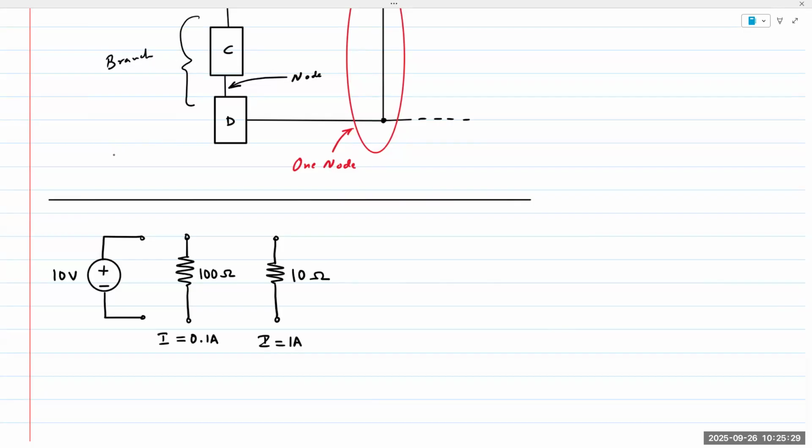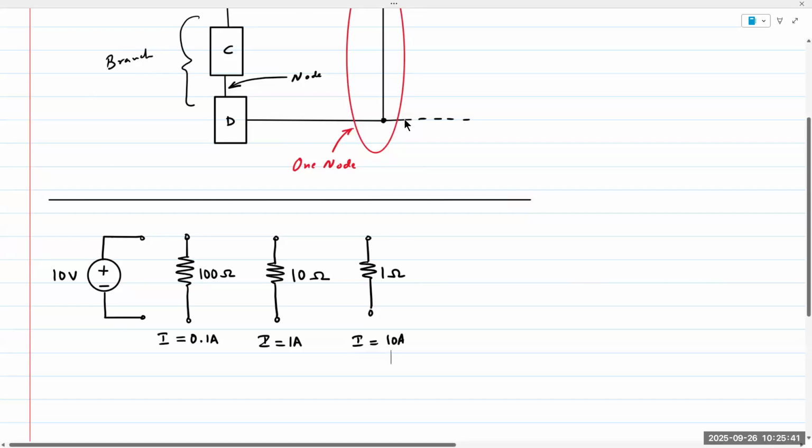If you change it to 1 ohm, current is now 10 amps. Right? Again, it is keeping the voltage constant because that is the property of a voltage source. It keeps the voltage constant. It changes the current depending on the requirement of the load.